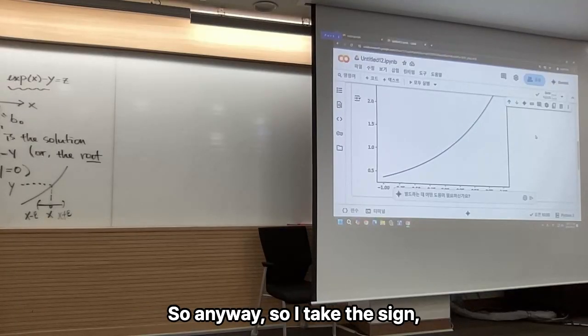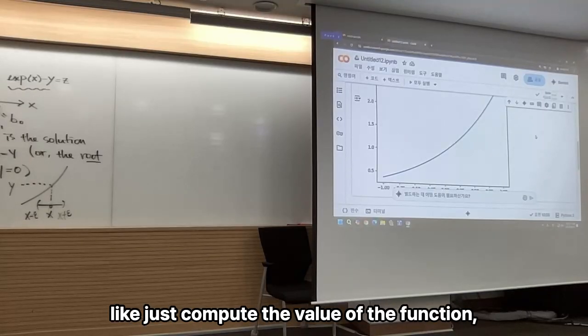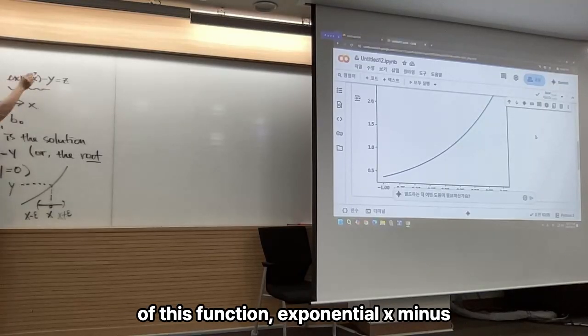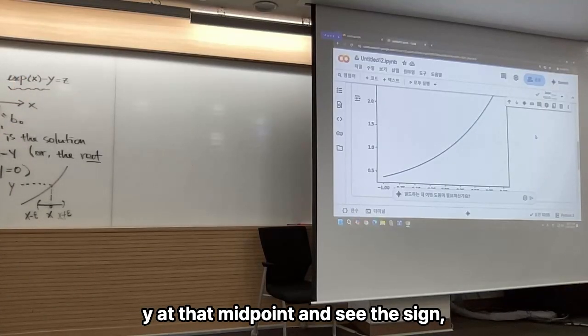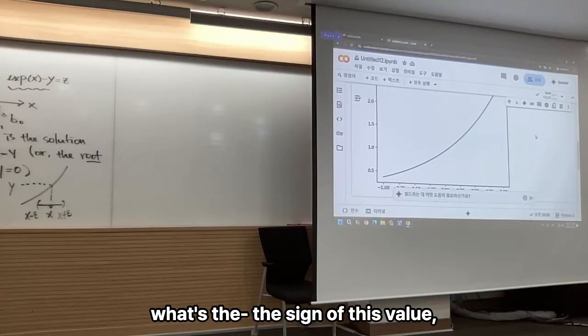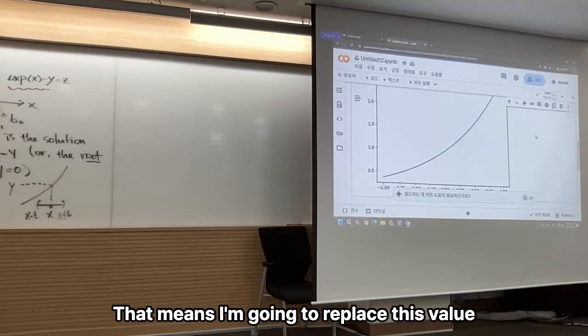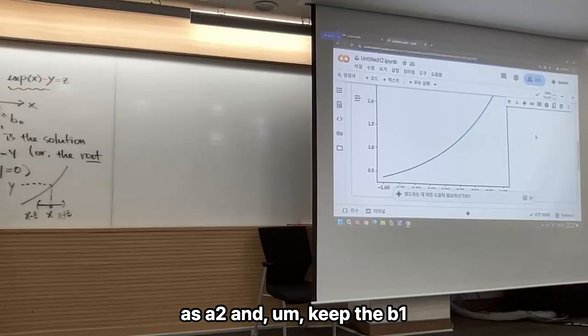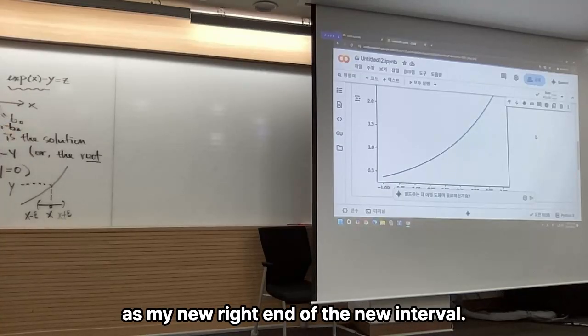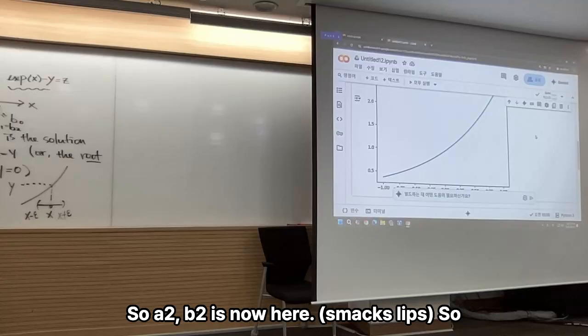So anyway, I compute the value of this function, exponential x minus y, at that midpoint and see the sign, either positive or negative. In this picture, it turns out to be negative. That means I'm going to replace this value as a2, and keep b1 as my new right end of the new interval. So a2, b2 is now here.